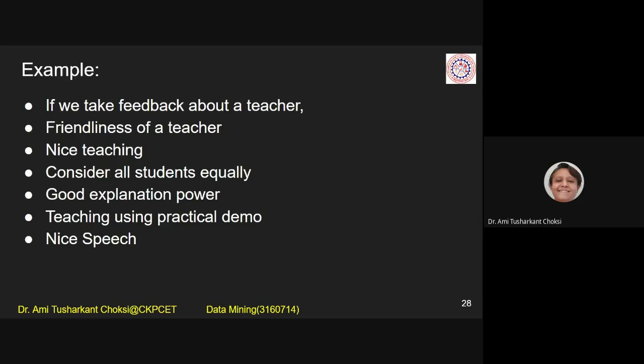Something like this you give as the feedback of a teacher, right? That's the simple example, so you can understand that, right?